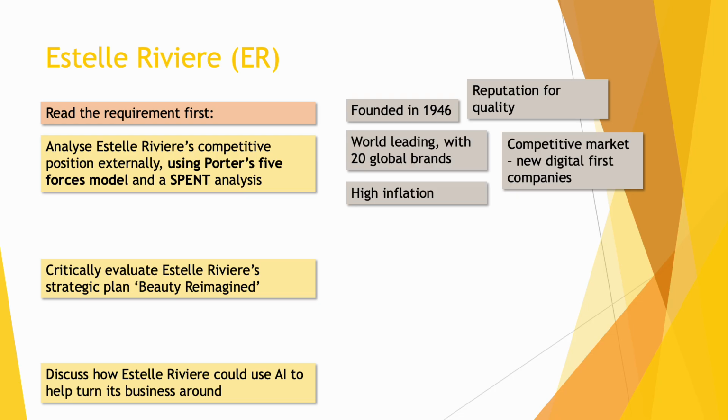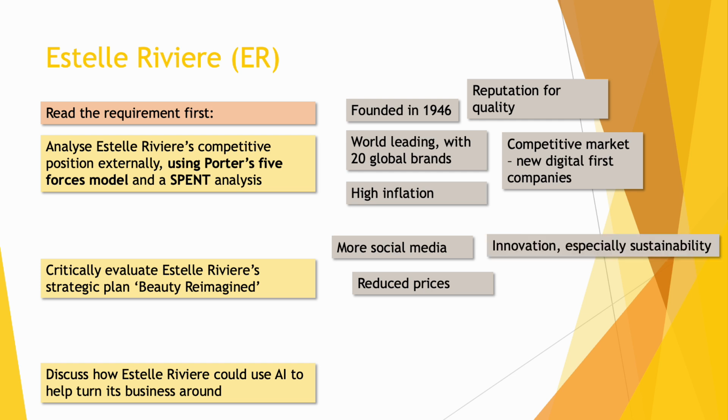We have to critically evaluate Estelle Riviere's strategic plan, Beauty Reimagined. Well, obviously, the key thing within the scenario to read through is to think, what actually is this Beauty Reimagined? Because the company has been struggling a little bit financially, they're looking at boosting their social media, maybe cutting their prices, improving their innovation, and particularly focusing on things like sustainability.